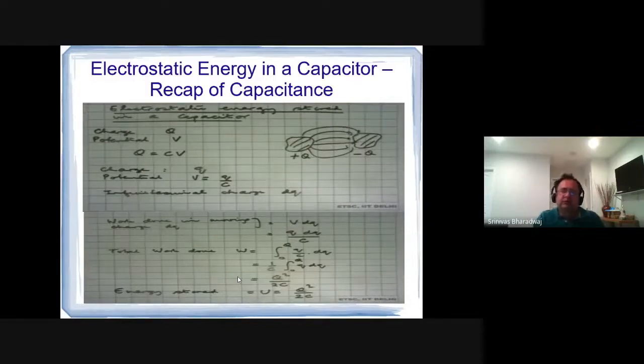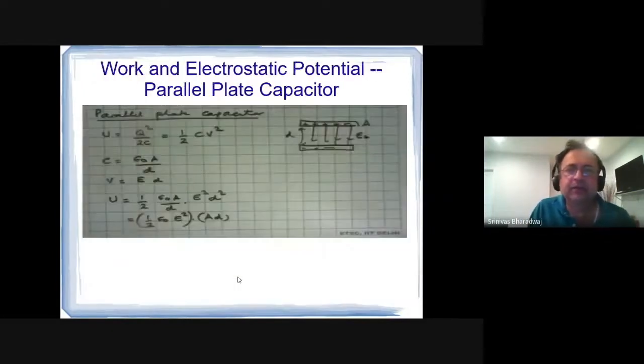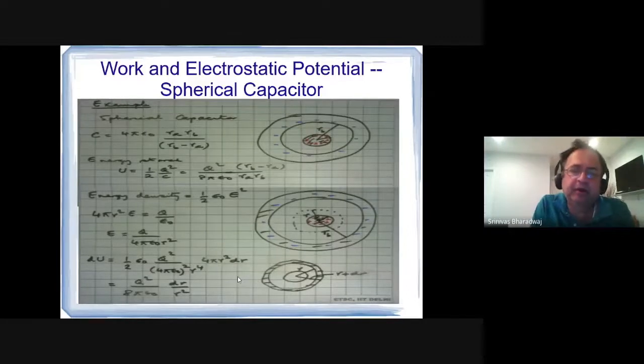V is Q by C, and you integrate that from 0 to Q, and you end up with Q square by 2C. So half CV square is the energy in a parallel plate capacitor, and you can evaluate that. Correspondingly, you can do the same with these other terms as well.